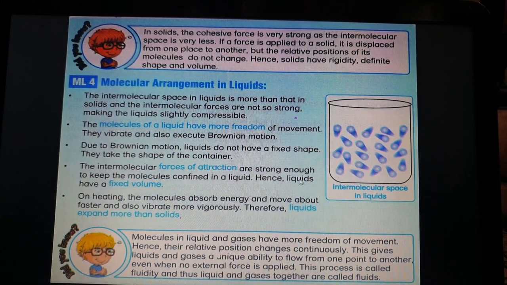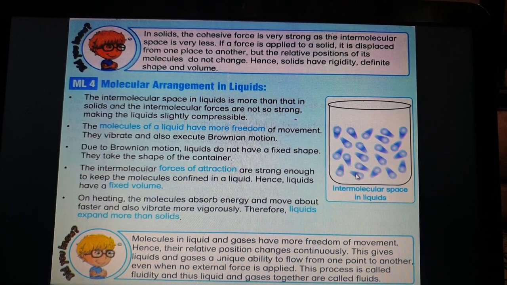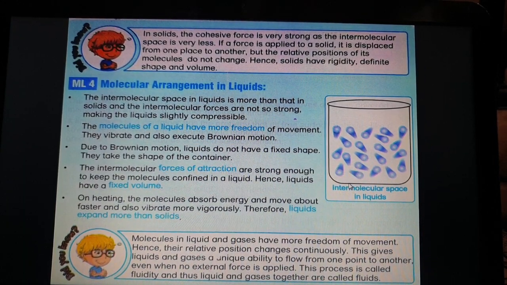They get energy from the heat, and after getting the energy, they start vibrating and moving very fast. So these are the molecular arrangements in liquids.